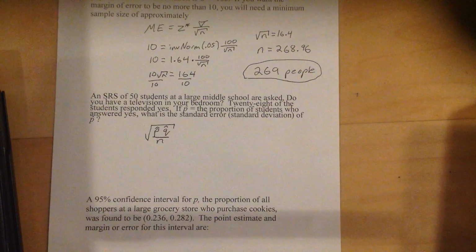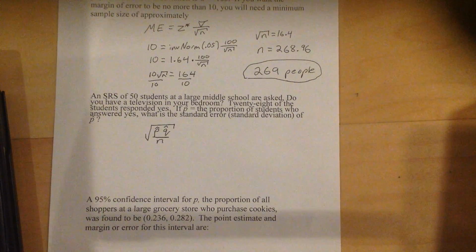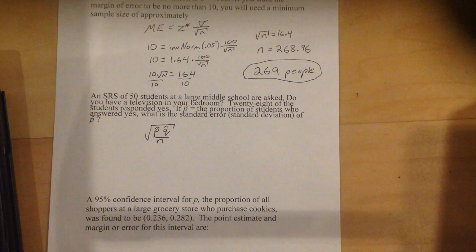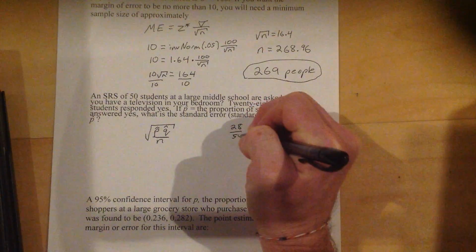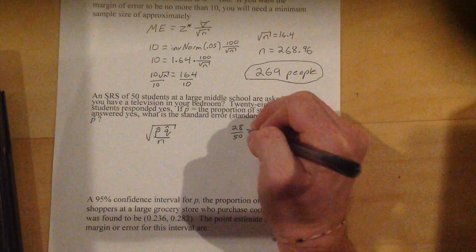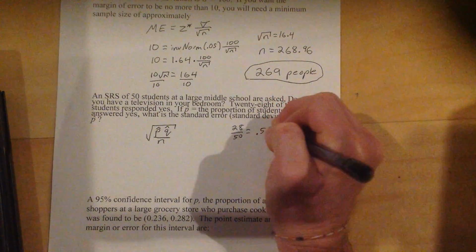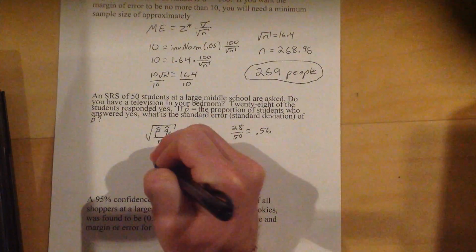So the only thing that makes this one a little trickier is they don't directly give you P. They tell you that 28 of the 50 responded yes. So 28 out of 50 is going to be 0.56. All right, so then we can plug that into our formula.